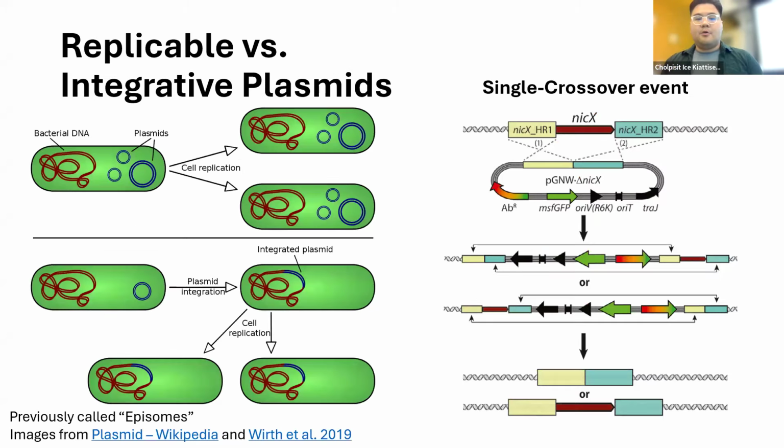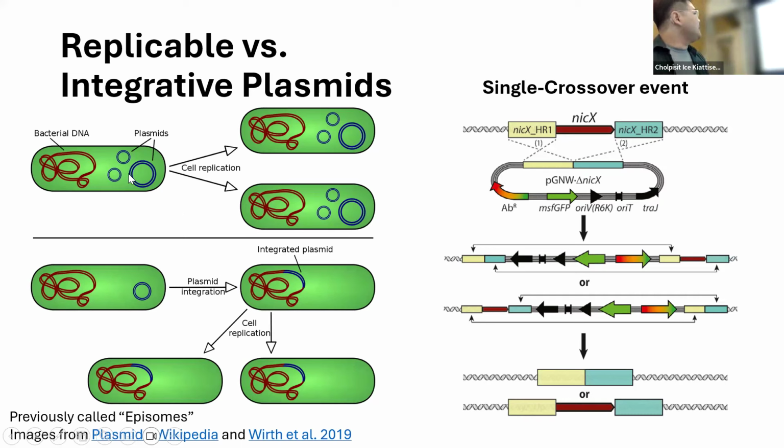All right, so what are the differences between replicable and integrative plasmids? As the name says, the replicable can be replicated, right? And the integrative plasmid, usually we would do integration, where it just puts itself inside the genome. The image here is from Wikipedia, and it's pretty clear in showing what the replicable plasmid and the integrative plasmid are.